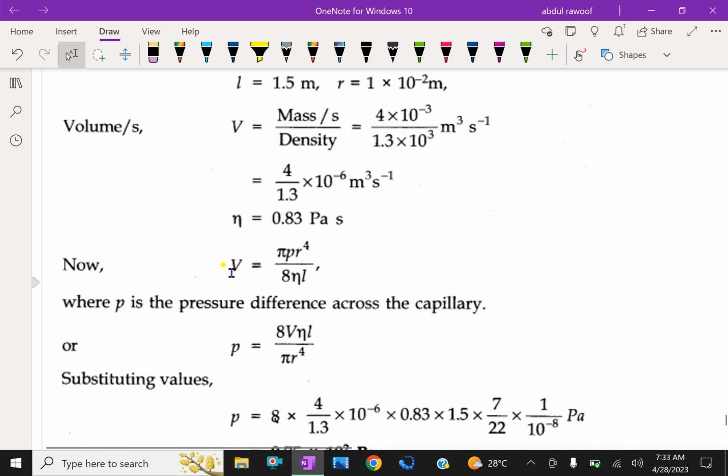From that we get P by cross multiplying: P equals V into 8 eta L by pi r power 4.